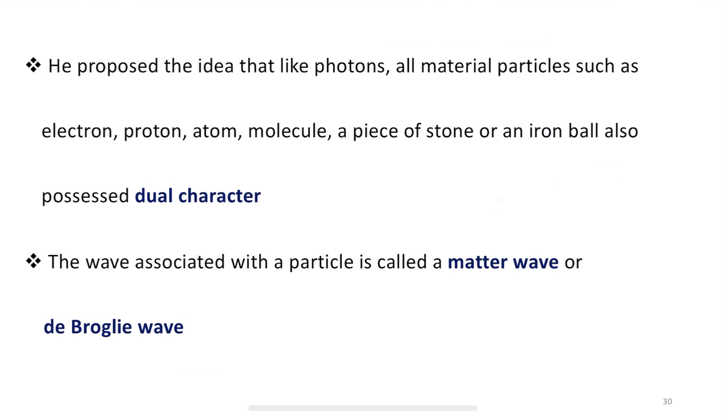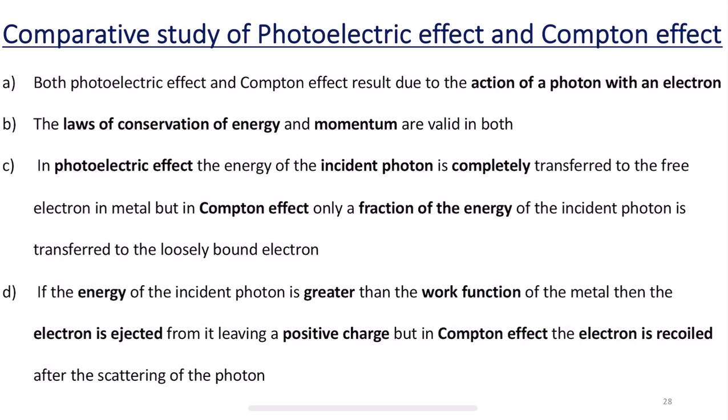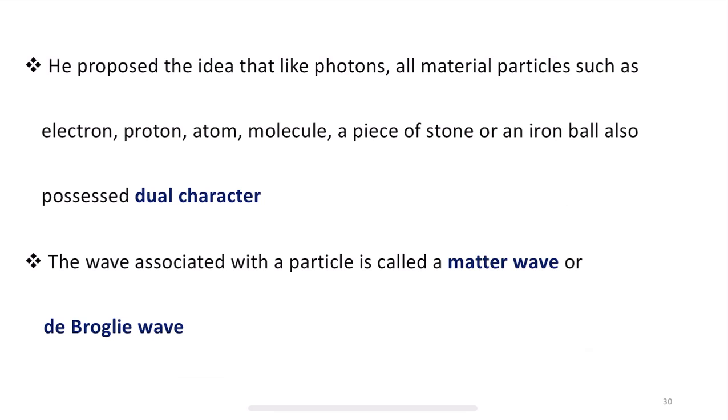The de Broglie relation speaks about the wavelength of the wave associated with any material particle, which was calculated by analogy with the photon. De Broglie proposed the idea that, like photons, all material particles such as an electron, proton, atom, molecule, a piece of stone or an iron ball also possess dual character.